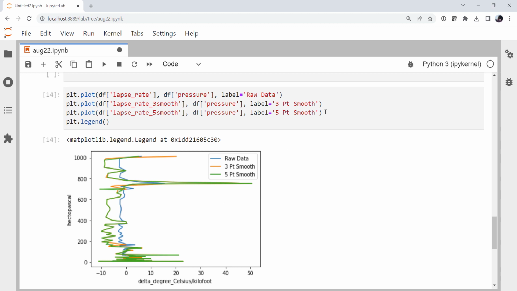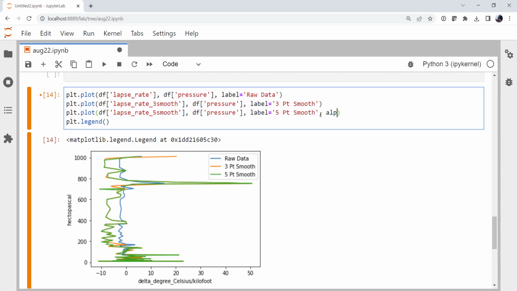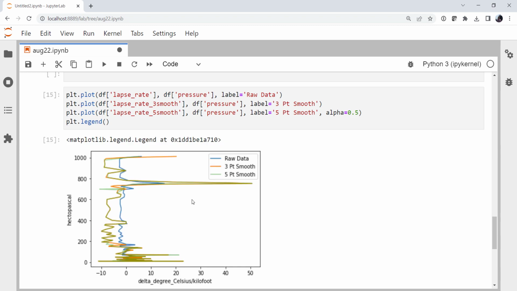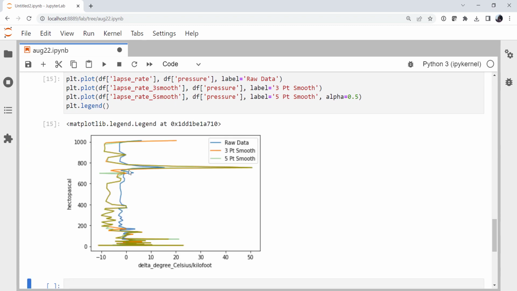And it looks like the 3 and the 5 are very similar. I'm going to make the 5 a little bit transparent. And yeah, so when we do the smoothing, we see that we preserve the general shape of things, but we really exaggerated this lapse rate for our inversion. So it'd make it even easier to find using just, say, a simple threshold of anything over so many degrees Celsius per 1,000 feet.